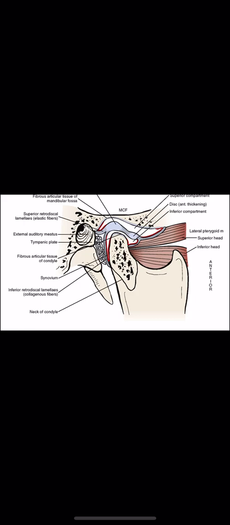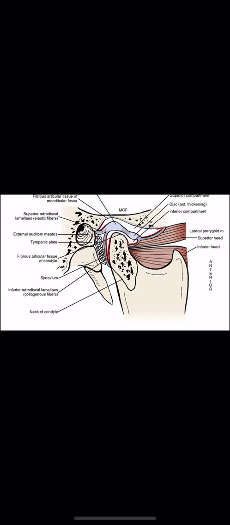In sagittal plane, it can be divided into 3 zones, that is anterior zone, intermediate zone and posterior zone. Intermediate zone is the thinnest, and in a normal joint you should remember that the articular surface of the condyle is located on the intermediate zone of the disc.